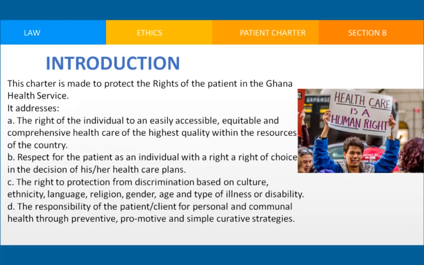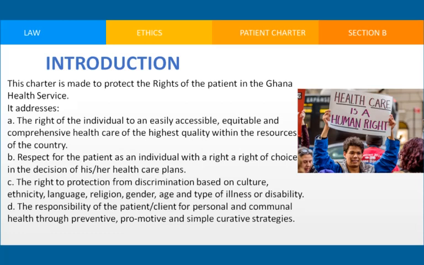Three, the right to protection from discrimination based on culture, ethnicity, language, religion, gender, age, and type of illness or disability. With COVID-19, we've even seen that some patients are discriminated against in the community because of their illness or a disability. As a healthcare professional, we are not supposed to discriminate among our patients.